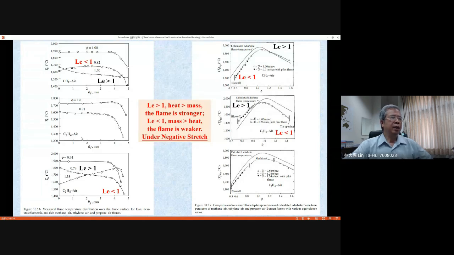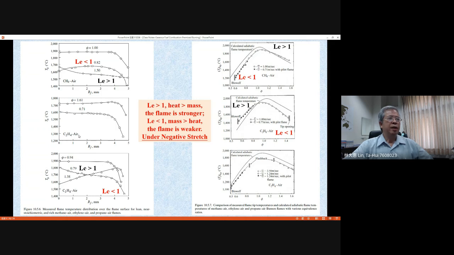On the left-hand side, they choose different kinds of fuel: methane, ethane, and propane. The molecular weight of ethane here is around 28. Compared with air, the methane, the ethane, and the oxygen and nitrogen have almost the same molecular weight.